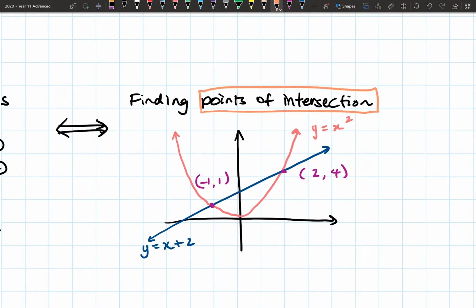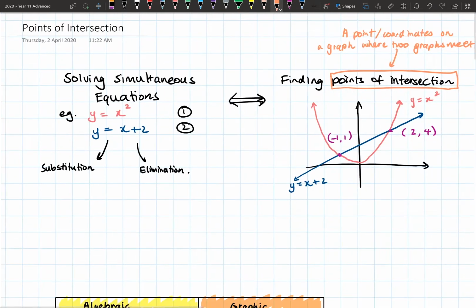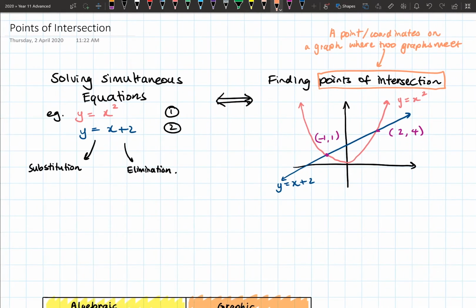A point of intersection is a coordinate, a point, i.e. coordinates on a graph where two graphs meet.